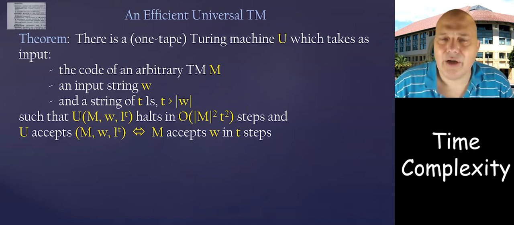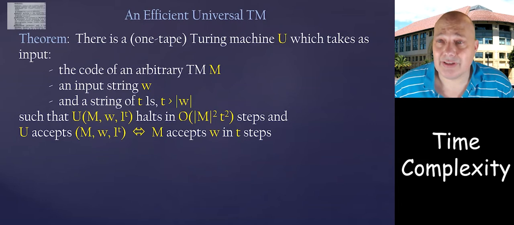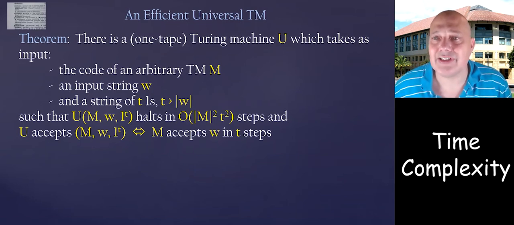But for now, we have the machine M, the string W, and T, a string of T 1s that represent the time we want this simulation to run, and the time is larger than the length of W. And what this machine does, like the previous universal Turing machine, is simulate the run of M on W, but essentially it tries to simulate this run for T steps.